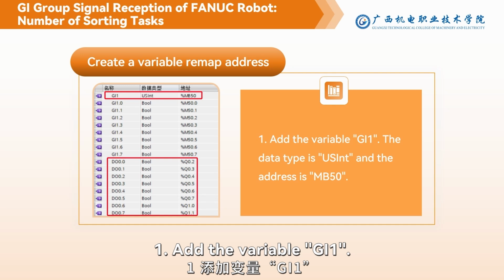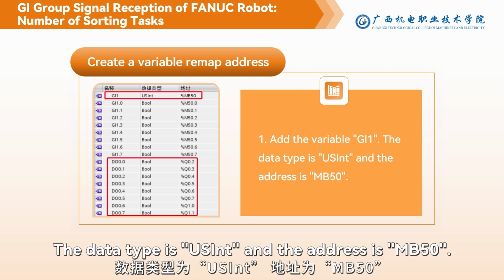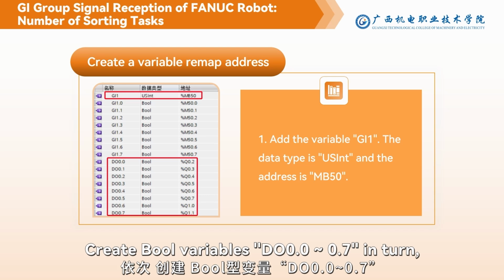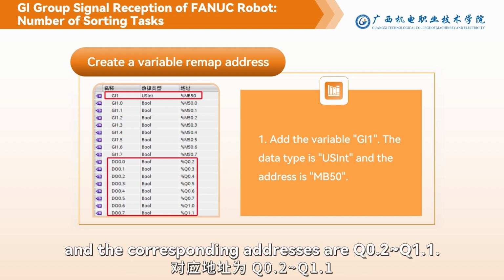First, add the variable gi1. The data type is USInt and the address is MB50. Create bool variables do0.0 to do0.7 in turn, and the corresponding addresses are Q0.2 to Q1.1.